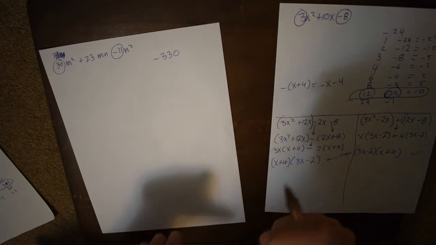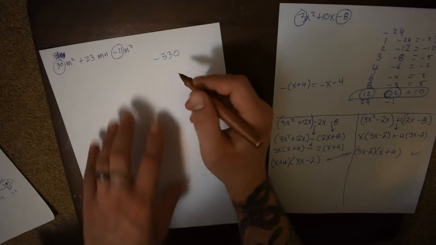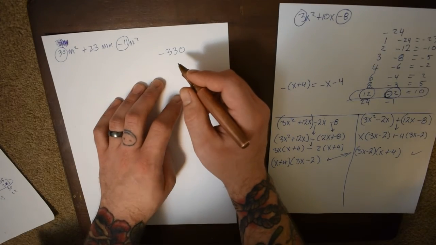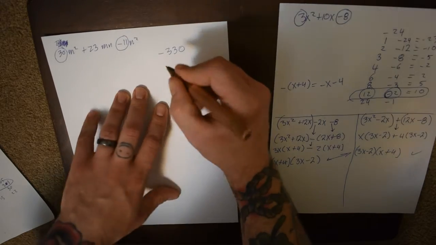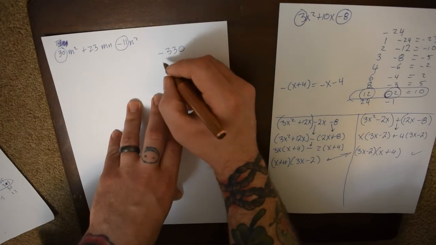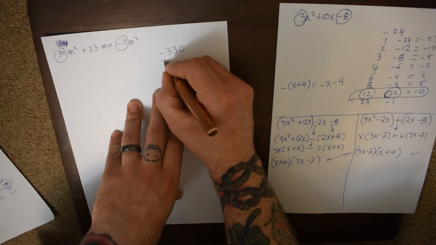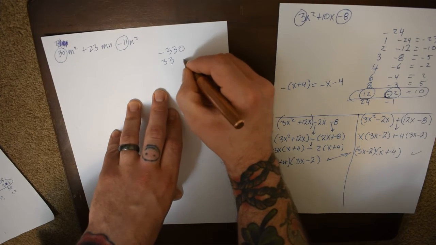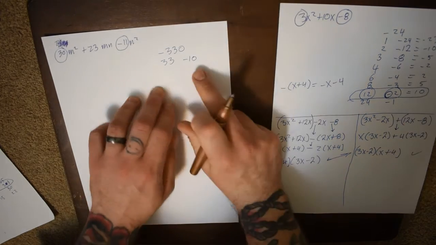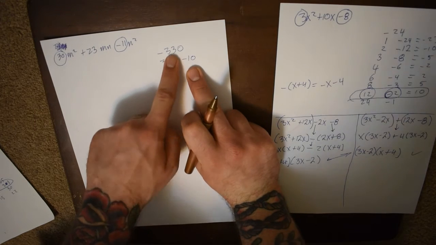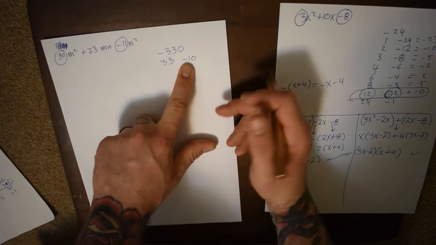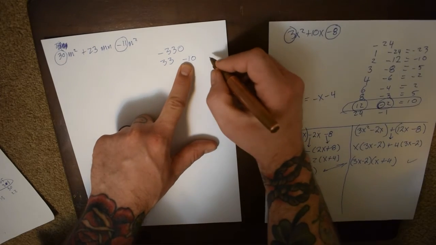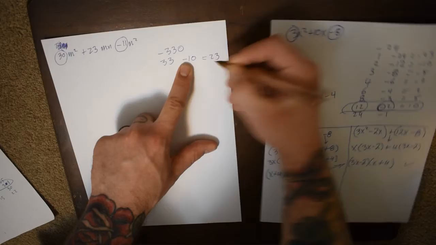I don't want to run through all of them, but it's going to be 33 and negative 10. 33 and negative 10 multiply together to equal negative 330, and 33 take away 10 is equal to positive 23.